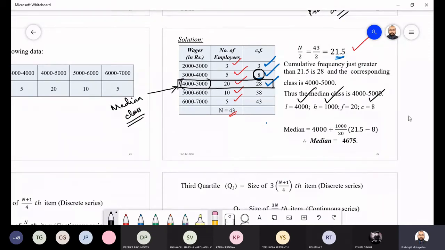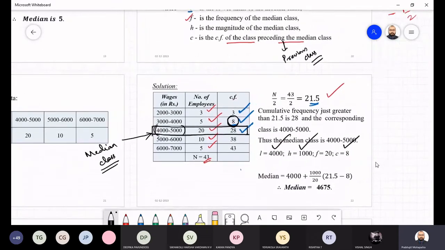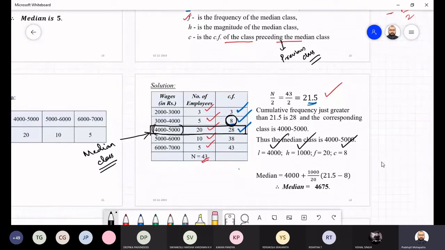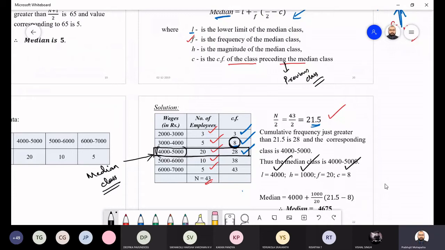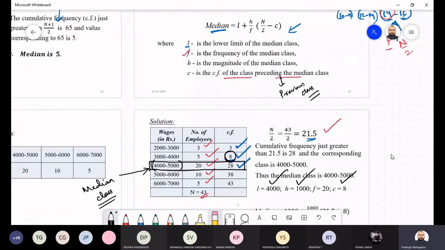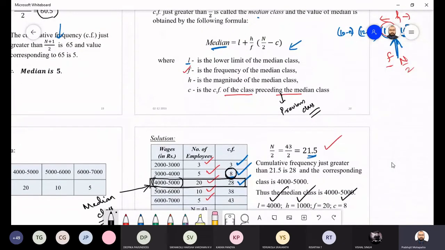The formula is L plus, where L is the lower limit of the median class. This is the formula you have to use: L plus h by f, times n by 2 minus c. N is the total number of observations. C is the cumulative frequency of the preceding class, or the previous class.